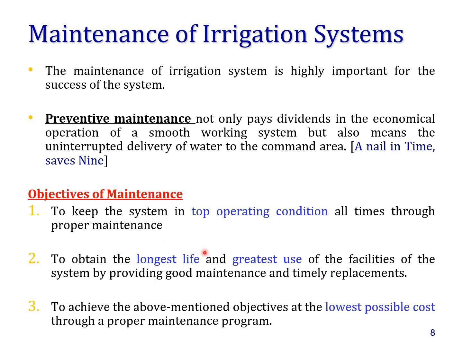So the life of the system can be longer and you can use it to the best. Otherwise, you will keep repairing and the operation will keep interrupting. And if you want to achieve these first two objectives at the lowest possible cost, then you will have to adopt preventive maintenance. Of course, we don't want to spend more money, so that's why preventive maintenance is the best approach.